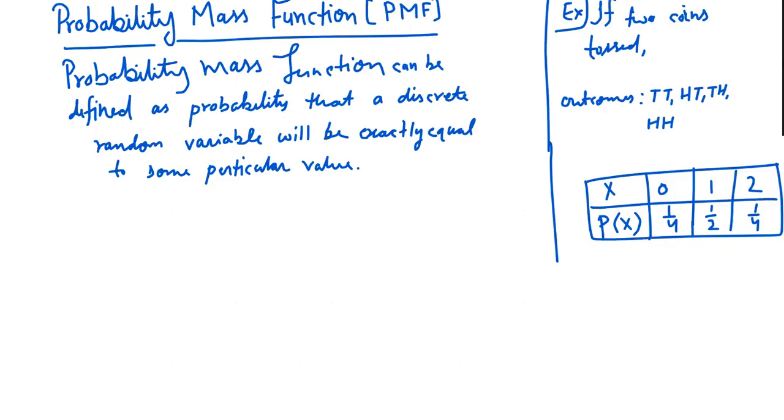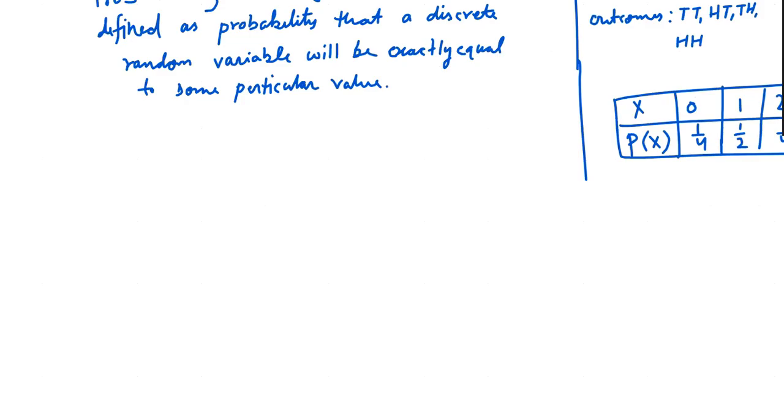Like if we are finding for no heads, its probability is this. Are you getting me? So in simple words, P(x) is the probability mass function for a particular value of x.